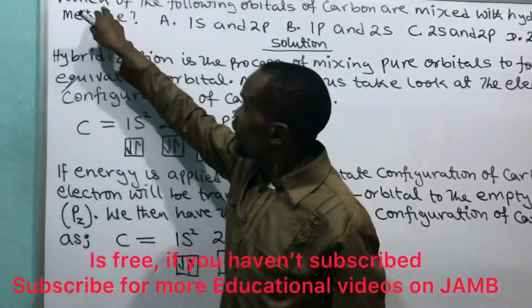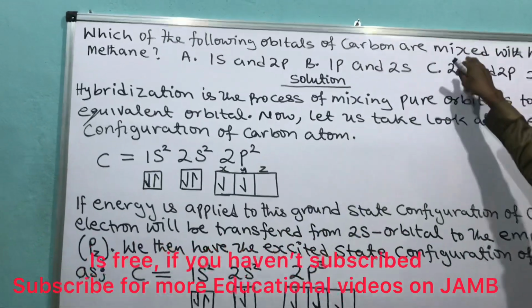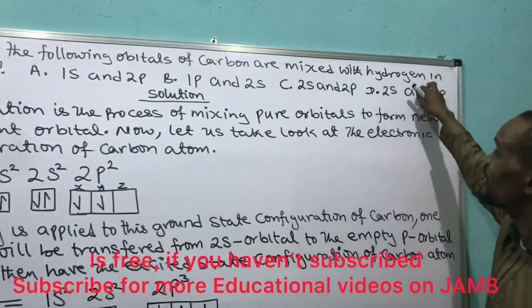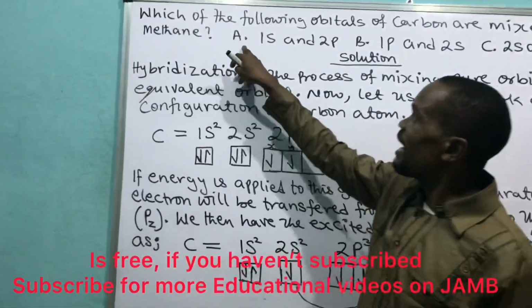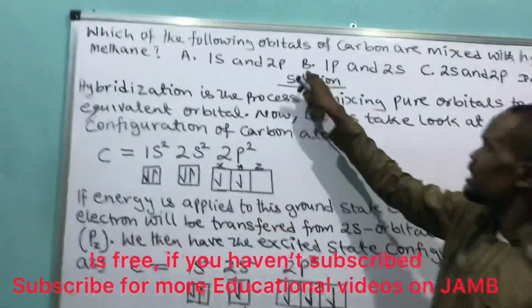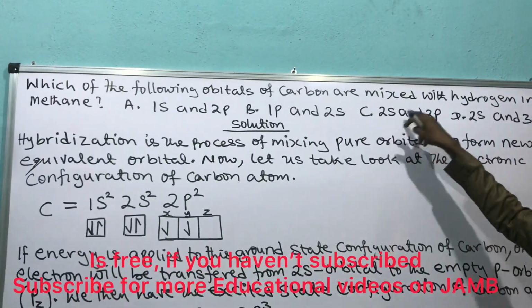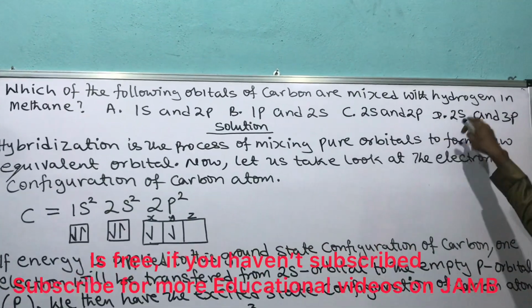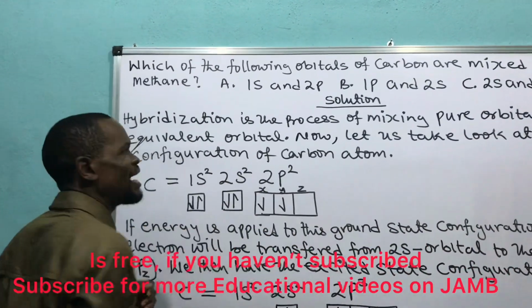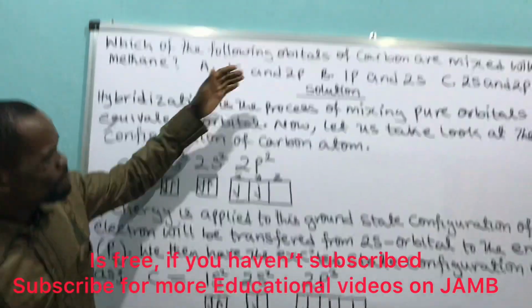A, 1s and the 2p; B, 1p and the 2s; C, 2s and 2p; D, 2s and 3p. But before we go into that, we now have to know about what we call what?